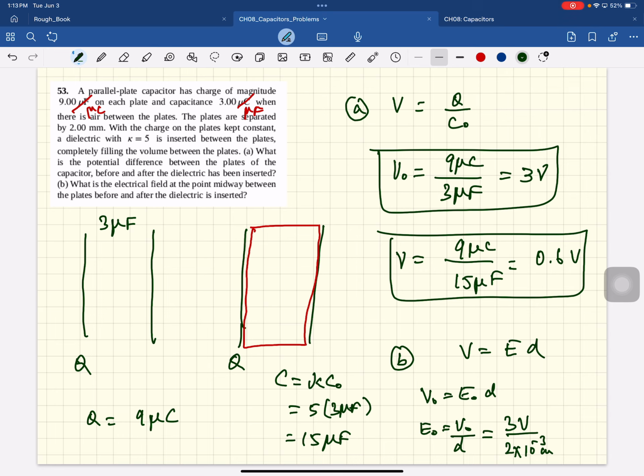Would the half the distance be 1 millimeter, because you're separated by 2? What is the electric field at the point midway between the plates? The electric field is the same everywhere. They're just saying midway just to make sure that you're inside the dielectric. That's all they're trying to do.